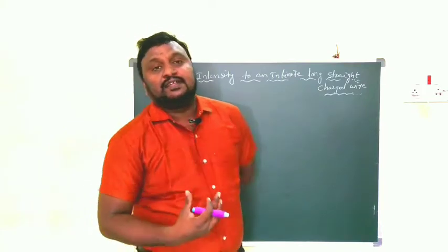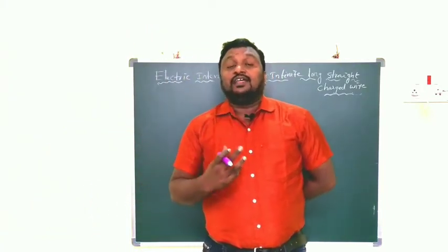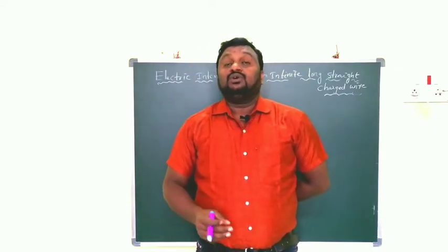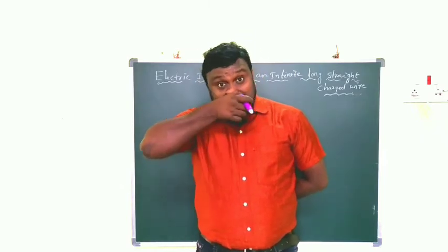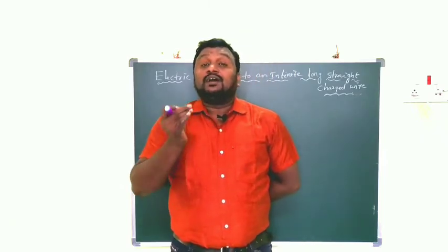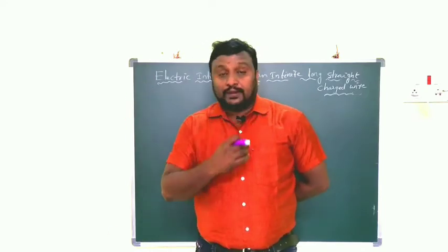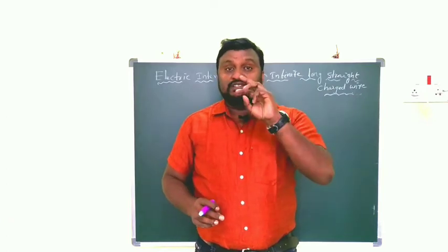We have to explain the electric field intensity for a long conductor wire of infinite length. So how can we derive the expression for electric field intensity at a point from an infinite long straight current carrying conductor or wire? Before going to that, you must know about three things.